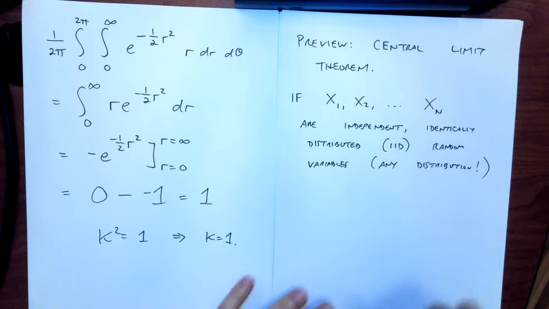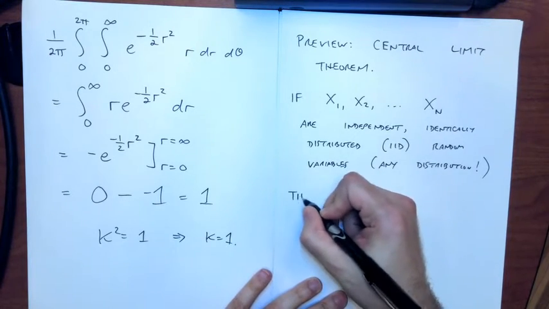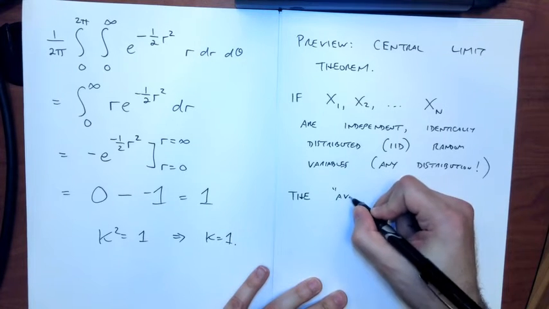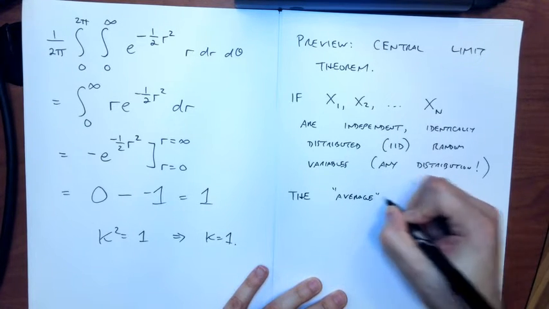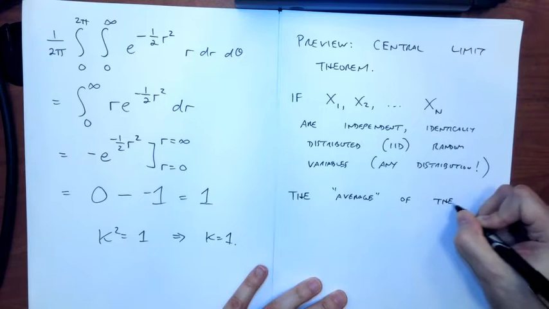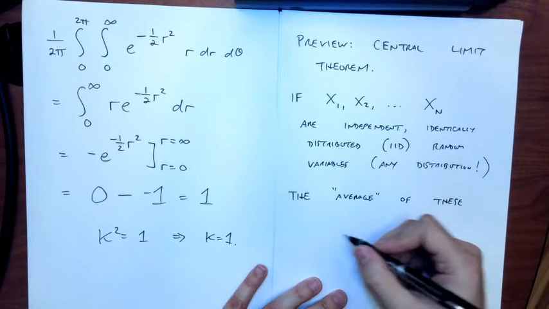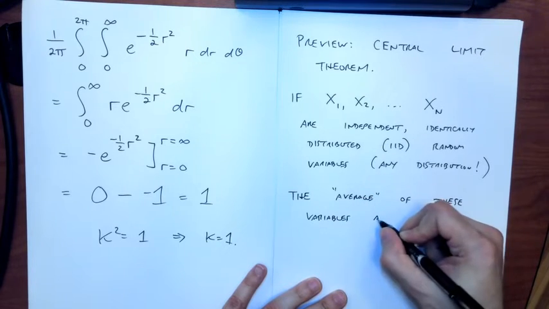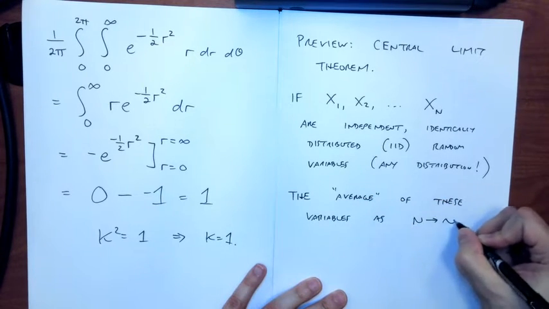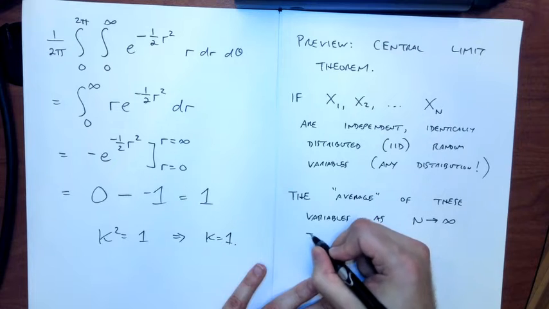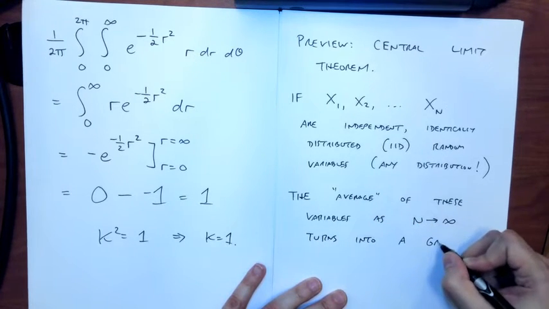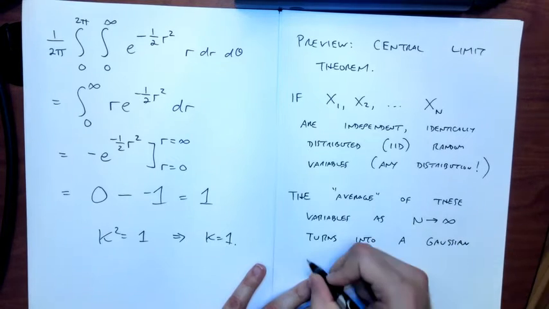So basically, the key idea, which is kind of cool, is that the average of these variables, as I add more and more of them up, turns into a Gaussian distribution in the limit.